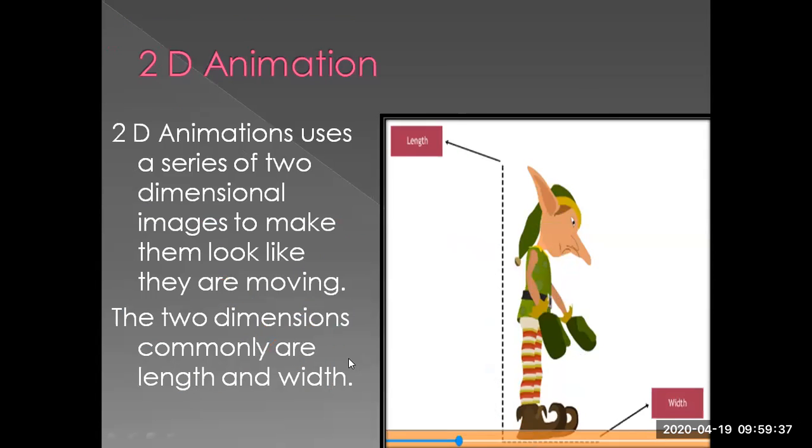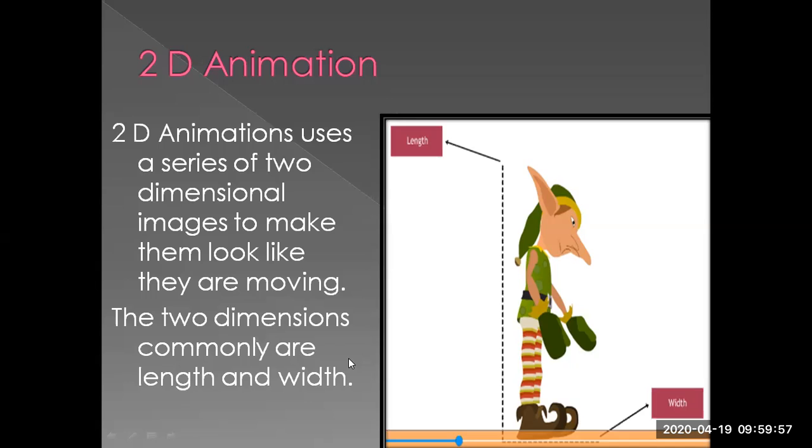2D animation uses a series of two-dimensional images to make them look like they are moving. These two dimensions commonly are length and width.